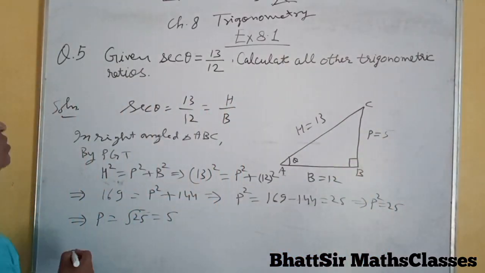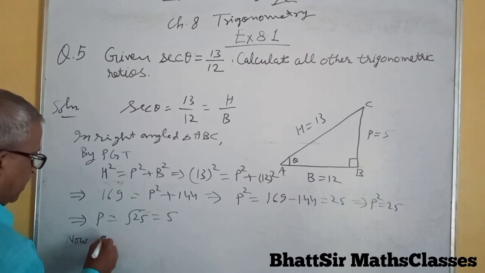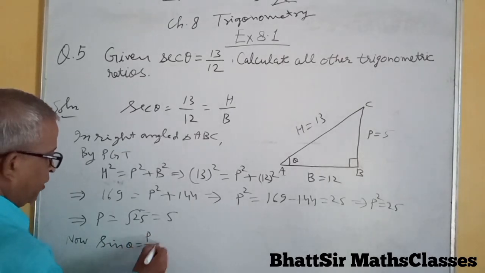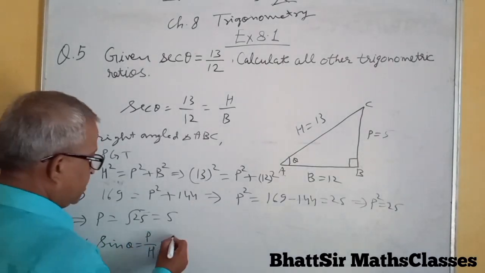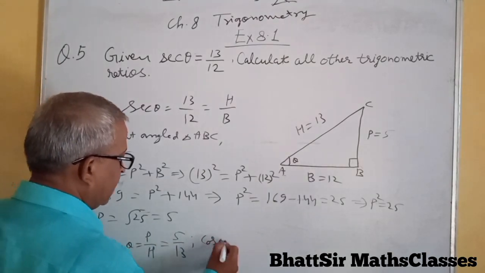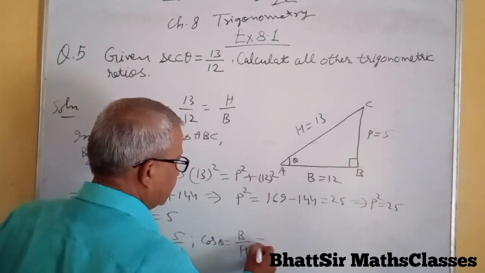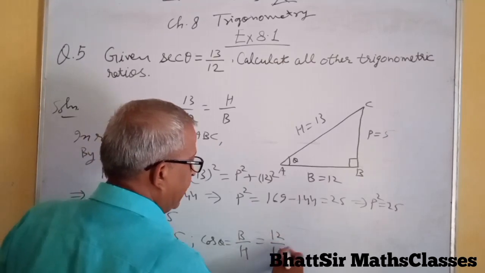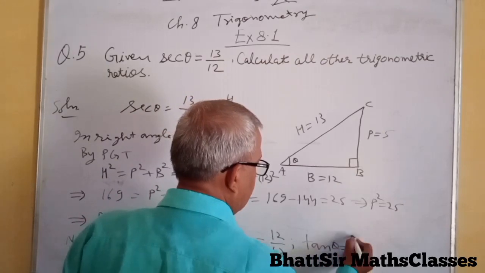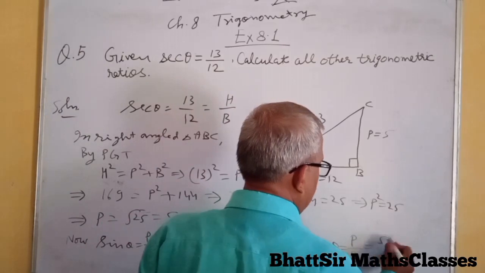Now sin theta equals perpendicular over hypotenuse, it means 5 upon 13. Cos theta equals base over hypotenuse, 12 upon 13. Tan theta equals perpendicular over base, 5 upon 12.